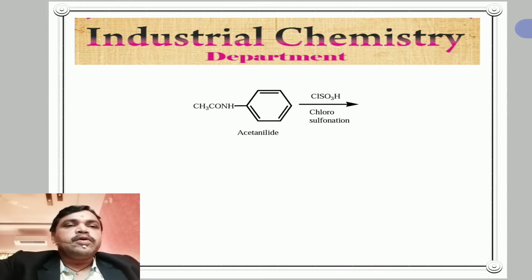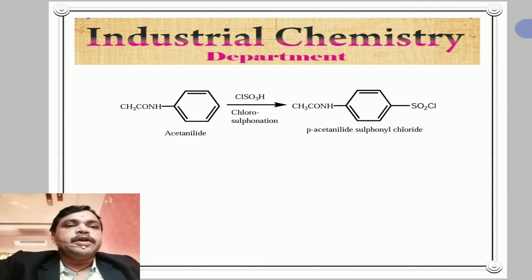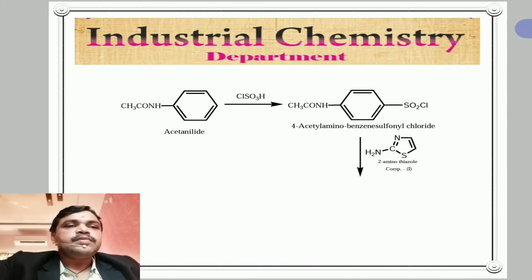On chlorosulfonation of acetanilide, we get the product para-acetanilide sulfonyl chloride, para or 4 if numbering is given, so 4-acetylamino benzene sulfonyl chloride. Now this 4 or para acetylamino benzene sulfonyl chloride is treated with 2-aminothiazole, which we synthesized above.